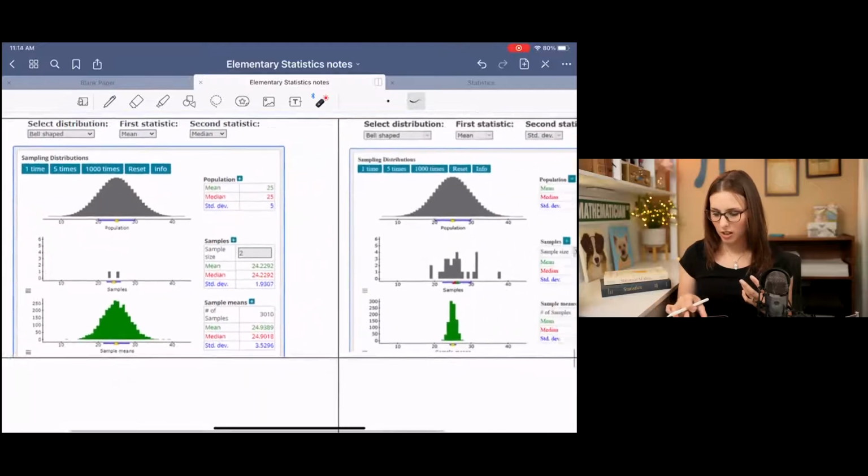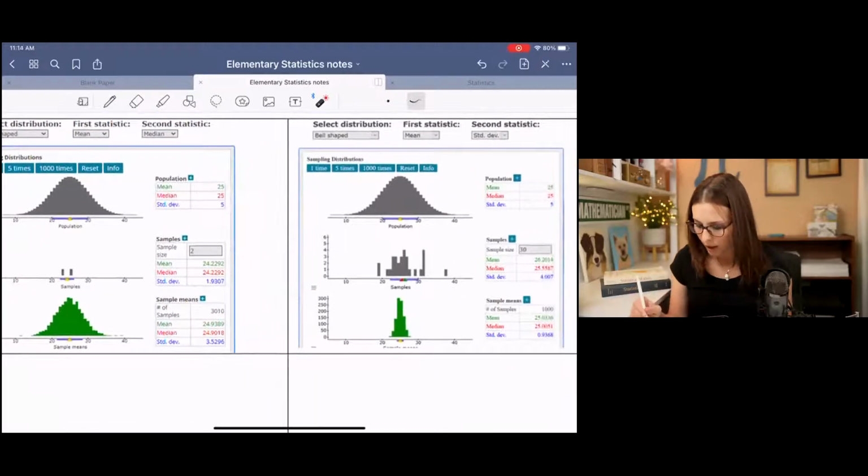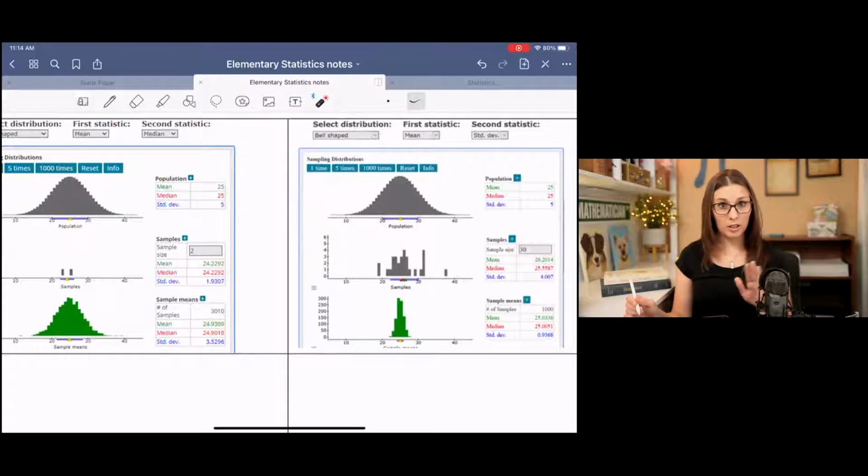So let's just kind of explore here. I went and took larger samples, size 30, which is technically large. That fits that technicality of our qualifications. We still have this normal shape, but it's getting narrower. And in this one, I only took 1,000, but it's okay because my sample size was large.